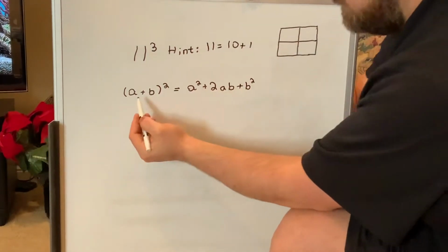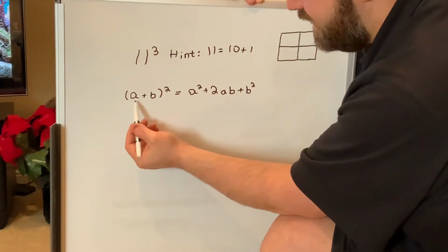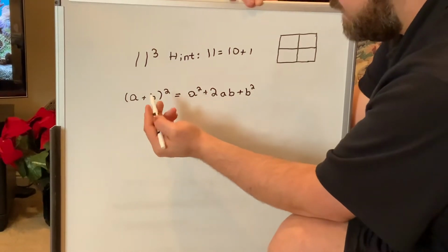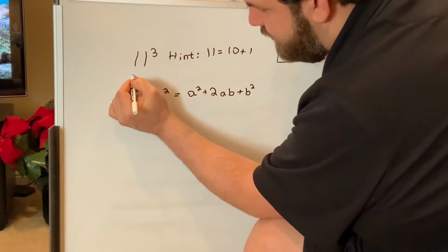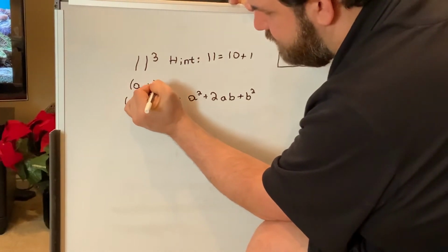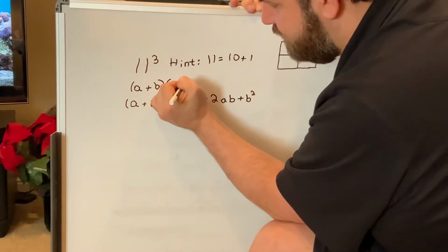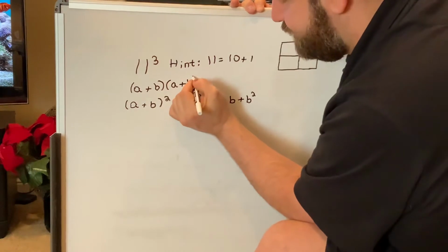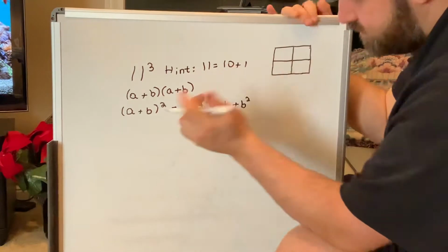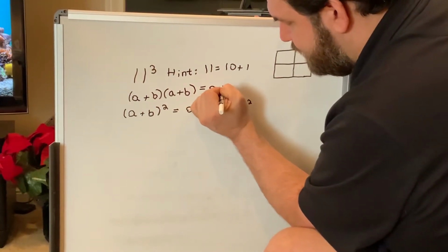Okay, and then A plus B squared is just A plus B times A plus B. So there could have been a step up here where I wrote A plus B times A plus B. That's what A plus B squared is.